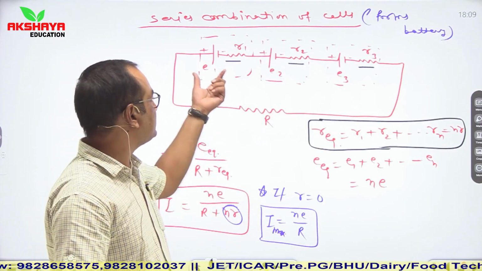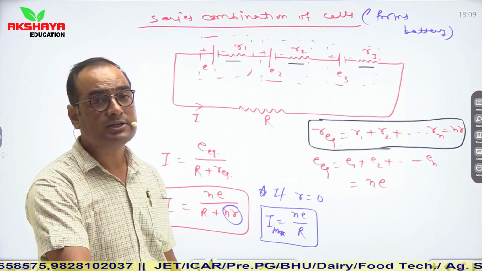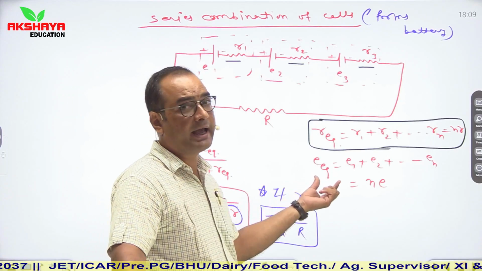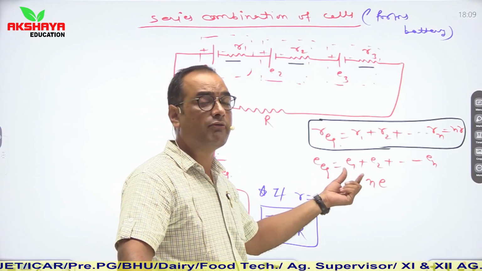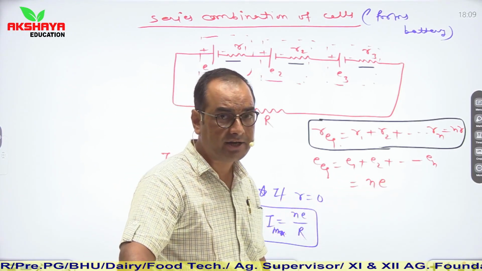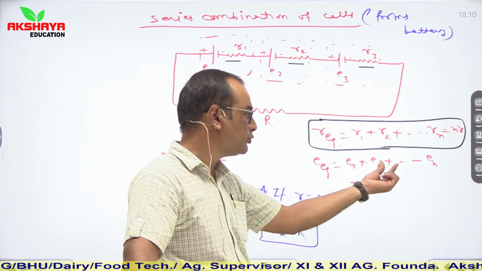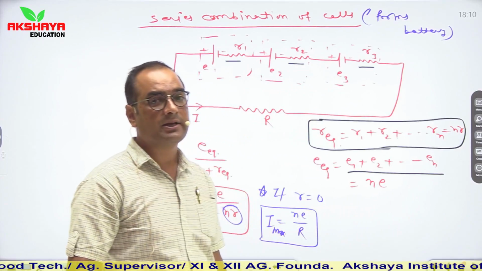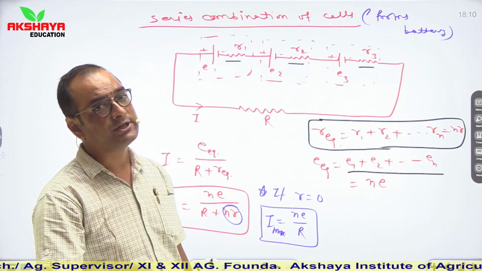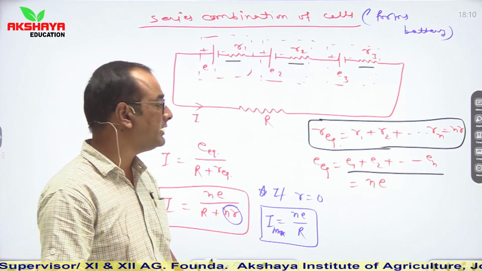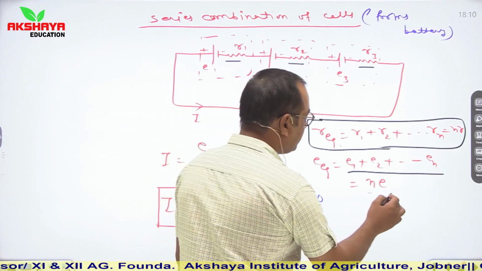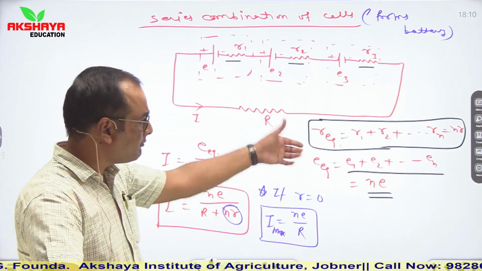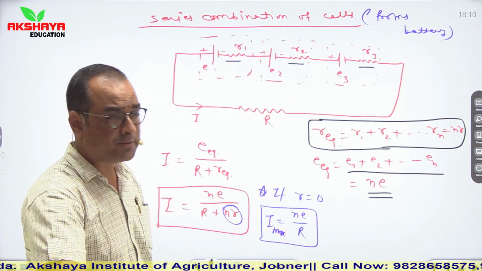And if we talk about its equivalent EMF, then in series combination, if there are n cells, equivalent EMF can be calculated by adding EMF of all individual cells connected in series. It means E1 plus E2 plus E3 up to En. Or again, if all the cells connected in series combination have equal EMF, then E equivalent will be nE. So this is another pattern which is based on series combination of cells.